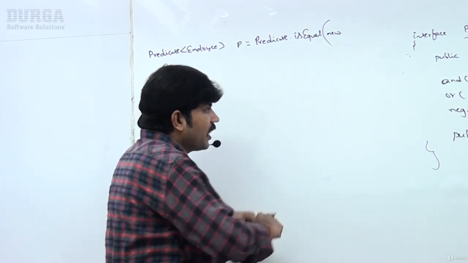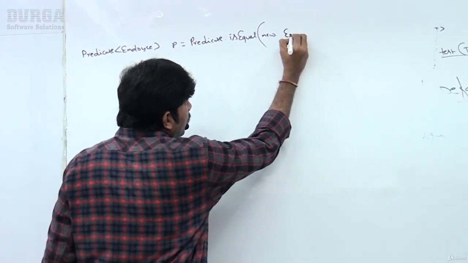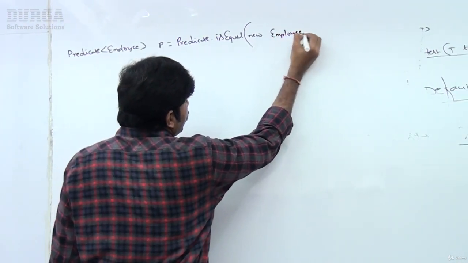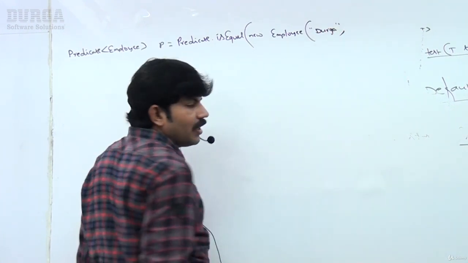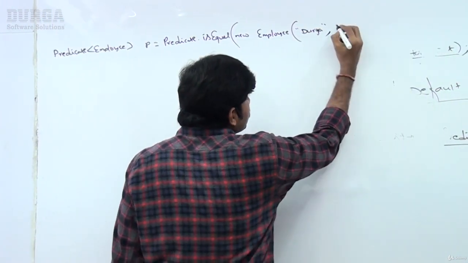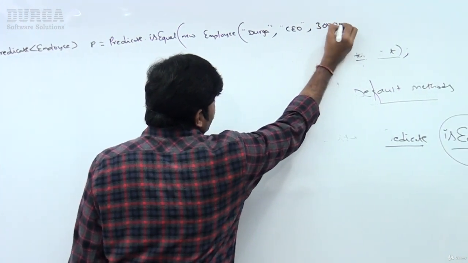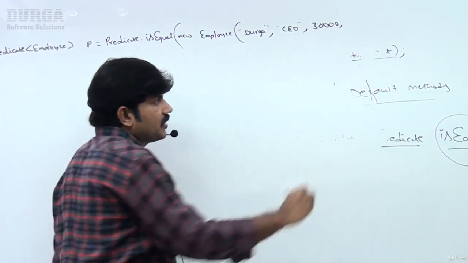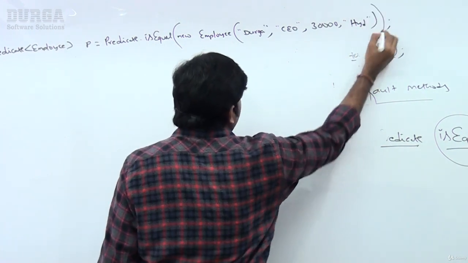What am I having? A CEO employee: new Employee of Durga, comma, CEO, comma, 30,000 is the salary, next Hyderabad is the location, like this, right?